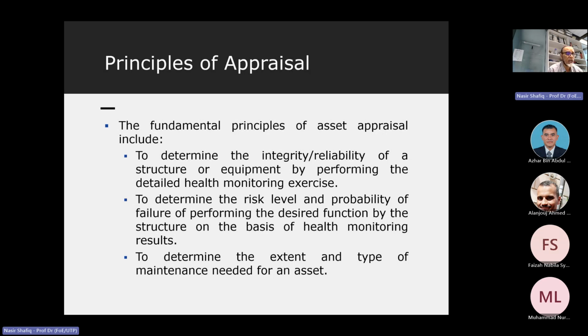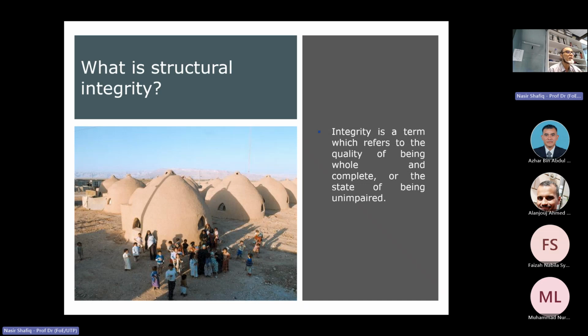So to determine the extent and type of maintenance needed for an asset. Here, like these olden structures such as the pyramids of Egypt, you can see some 1,000 year old structures are still there, right?